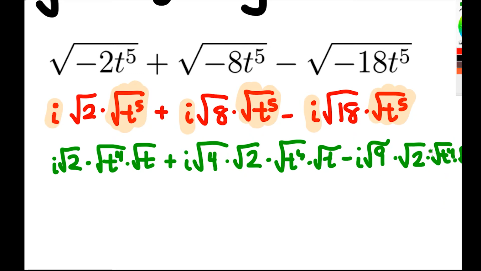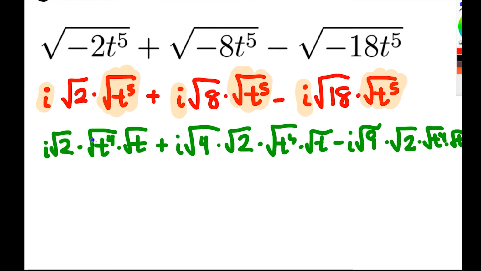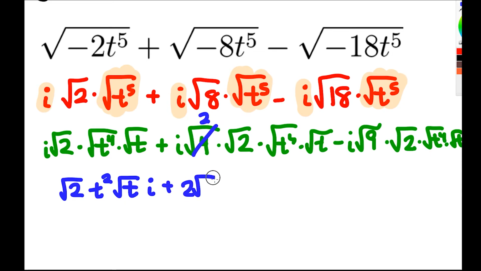Okay, so lots to simplify here. Well, t to the 4th, if you take the square root of it, that's just going to be t squared. So this is going to be t squared times the square root of t, and then this is just going to be root 2 times i here. Okay, I'm going to do the same thing here. This is going to be 2, so it's going to be 2 root 2 i.